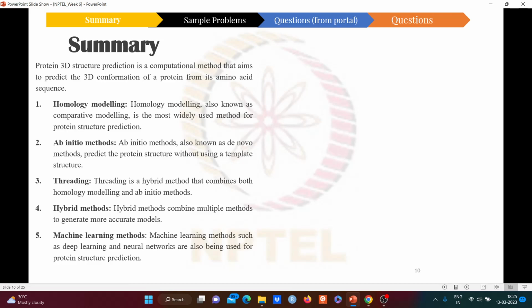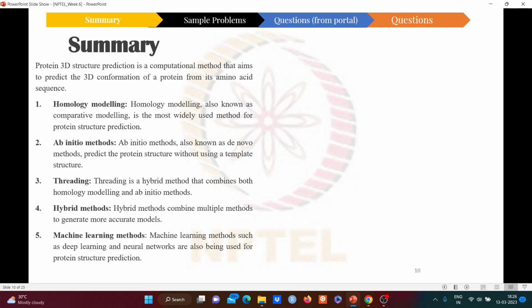This method relies on the assumption that protein structures are more conserved than their sequences, and therefore two proteins with similar sequences are likely to have similar structure. The homology modeling method requires a template structure with high sequence similarity to the target protein and can generate models when the template is of high quality. Here we can get a template by using BLAST analysis. In BLAST, we can use BLASTP, the protein version of BLAST, where we input our unknown structure's amino acid sequence and perform the BLAST using the target database as PDB.